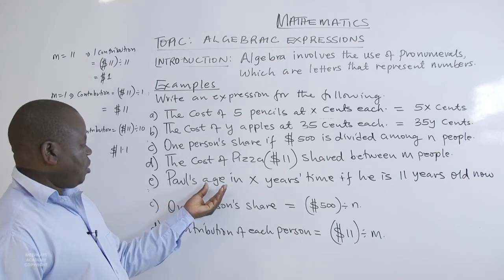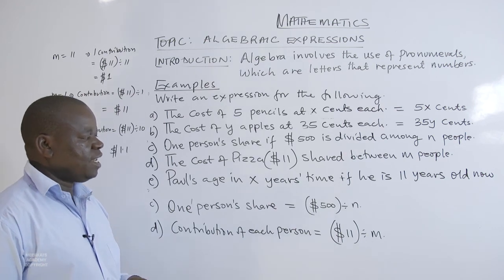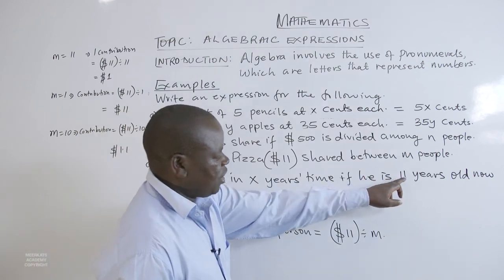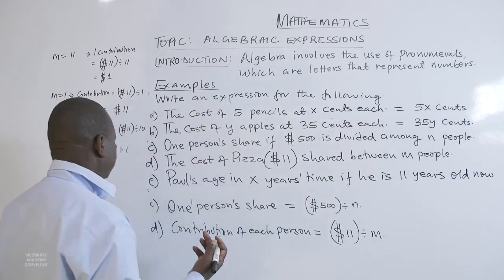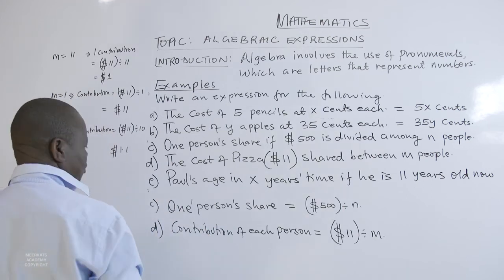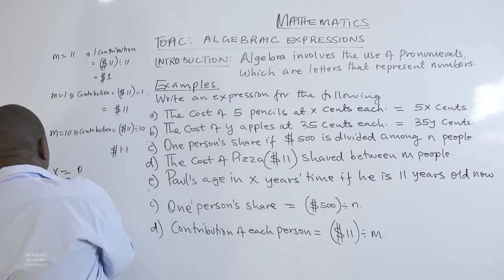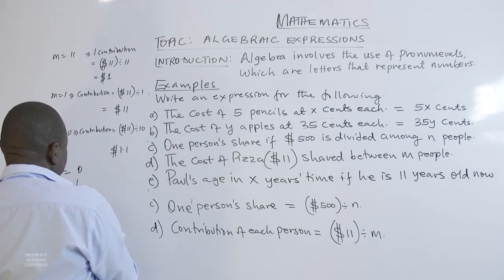Finally, Paul's age in X years' time, if he is 11 years old now. Now he is 11 years, but in the next X years, X can be 1, or it can even be 0. X can be 1, X can be 2, X can be 3, X can be 4, and so on.